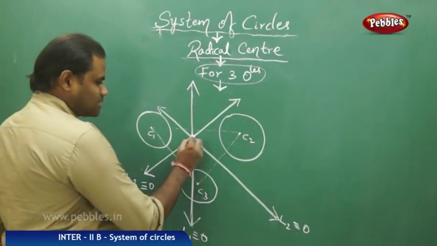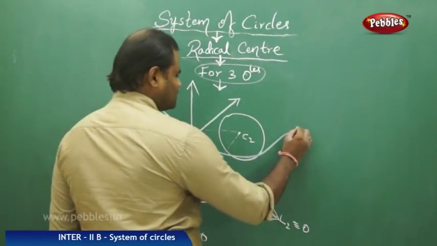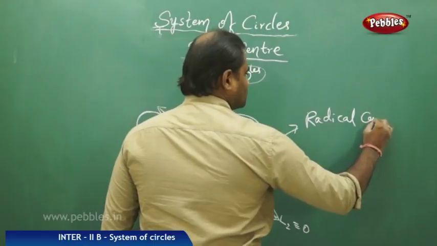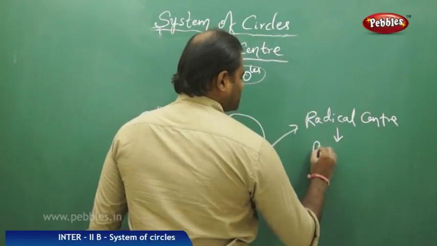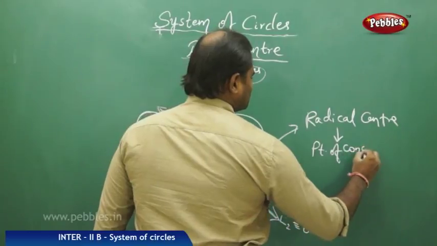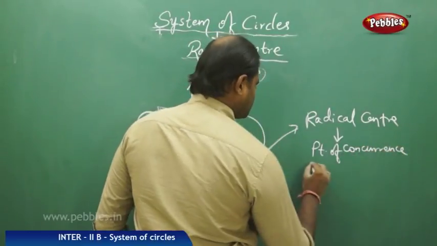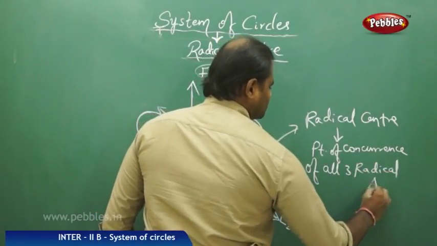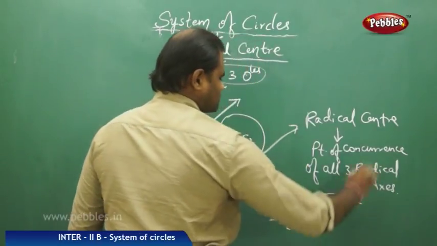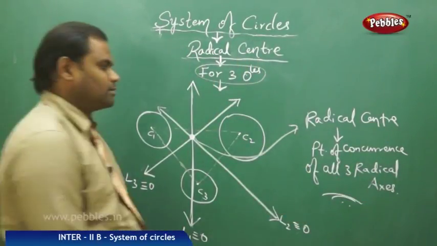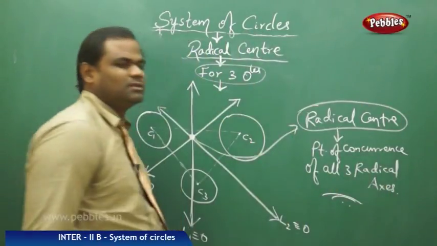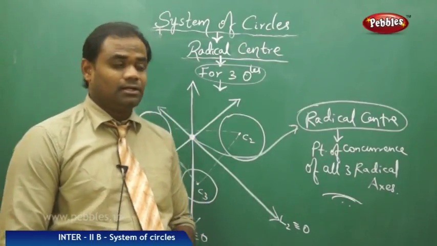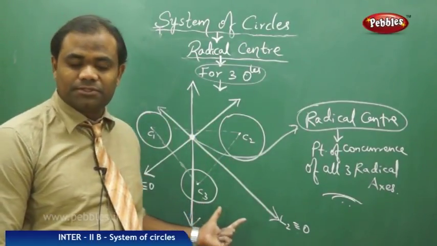In this case, this is called the radical center, which is the point of concurrence of all three radical axes. That is how we understand the radical center. So the point of intersection of all three radical axes is referred to as the radical center for the circles C1, C2 and C3.